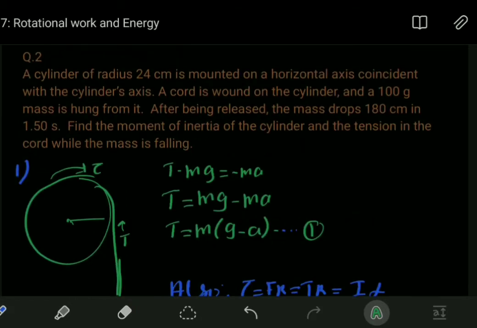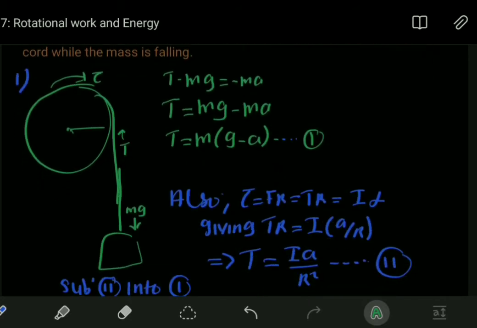Since we want to find the moment of inertia, let us consider the torque now. We consider the circular force. Torque equals tangential force multiplied by the radius. Our tangential force in this case is simply the tension. Therefore, the torque is tension times the radius.